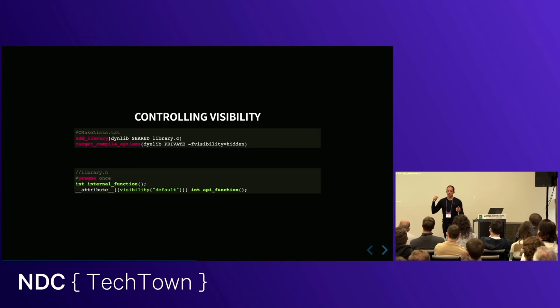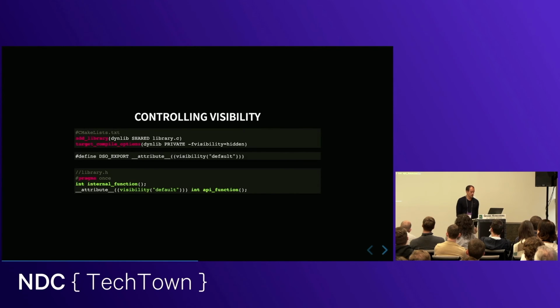If you forget to expose some things, then, well, your tests are going to tell you that they can't link to the things in the API. Also, I would assume that most of the symbols in your SO are internal stuff. You just have a tiny subset that you expose, and it's just less typing if you don't need to decorate everything. And you don't want to type this stuff everywhere. So you make a macro like DSO_EXPORT, or just come up with a name, which means __attribute__((visibility("default"))).